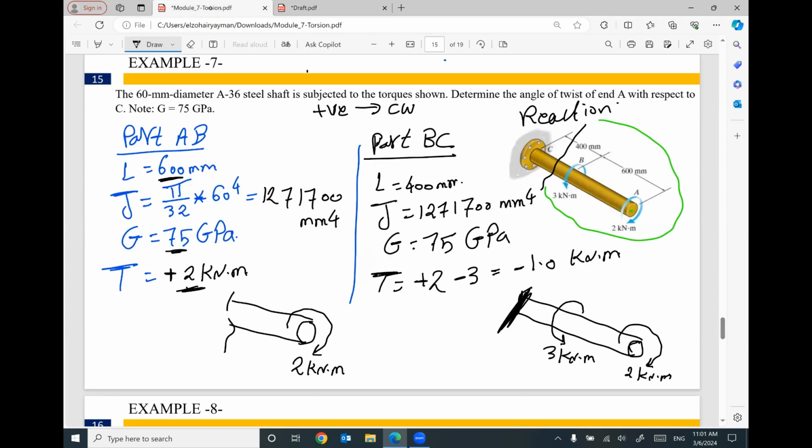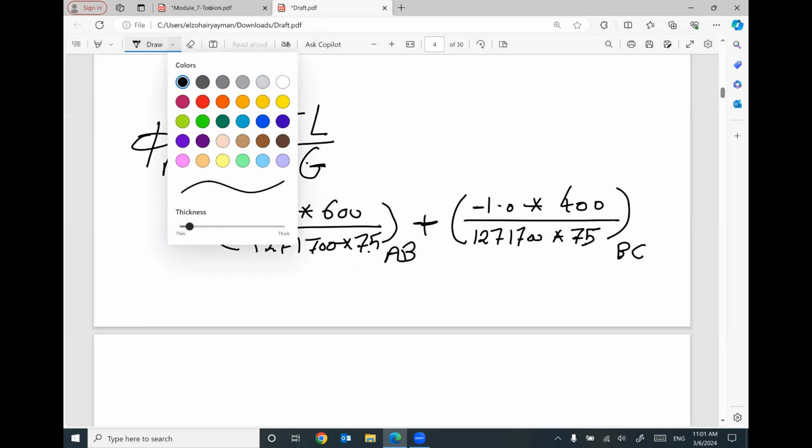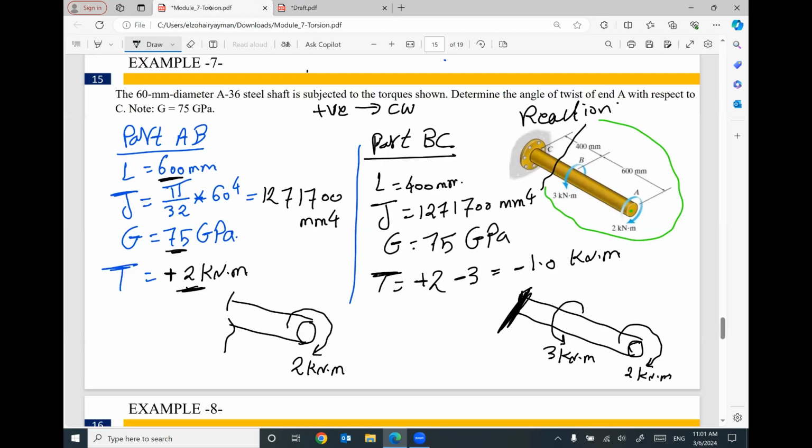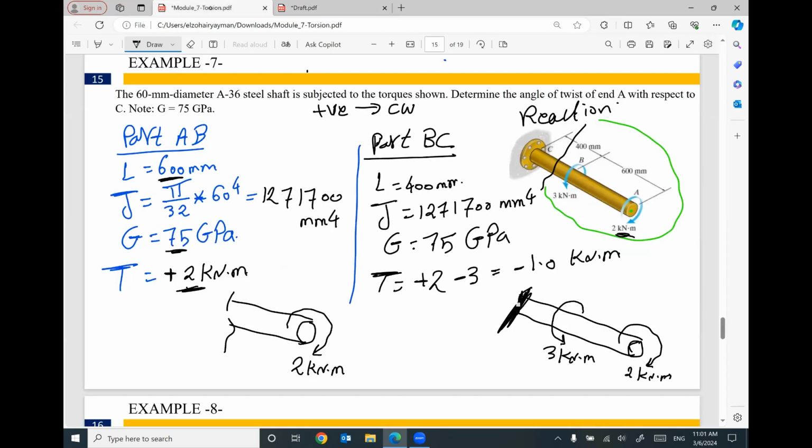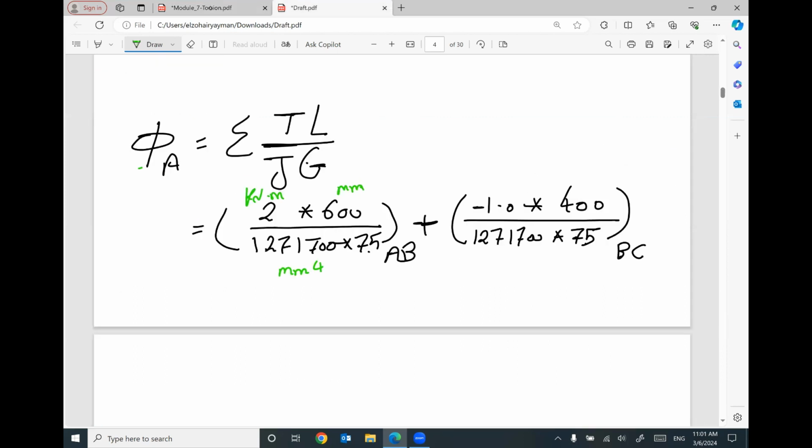We have an issue with the units, I believe. Keep in your mind, this one is kilonewton meter. This length is in millimeter. This J is in millimeter to power 4. This G is in gigapascal.